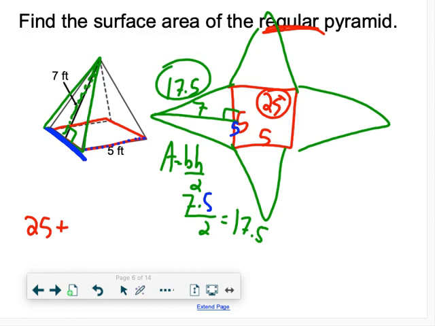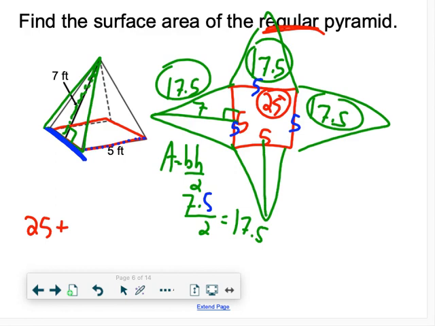Because it's a regular pyramid, all of the sides are the same, which means all of these triangles are going to be exactly the same because all the bases are 5. All of the lateral heights are 7. So once you find one triangle, you can then either write down 17.5 plus 17.5 four times, or because there are 4 of them, you could take 17.5 times 4.